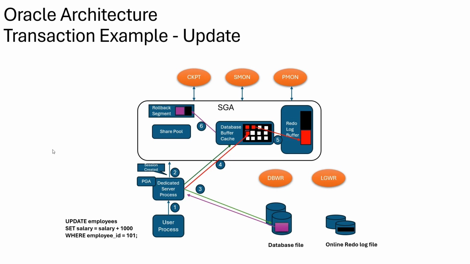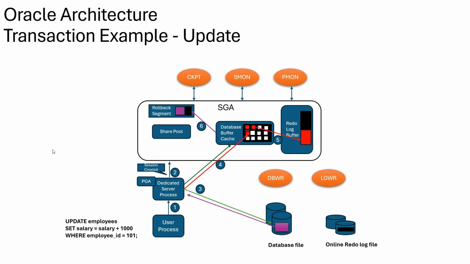This rollback or undo will be used for the rollback process. So before you modify, you will have the old information, and that will be stored in the rollback segments. In the rollback segments, you will have the old information, and in the redo log buffer, you will have the new information.